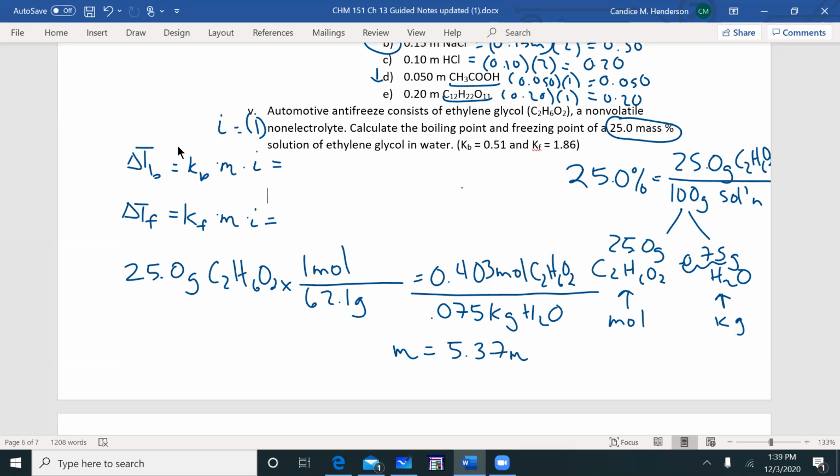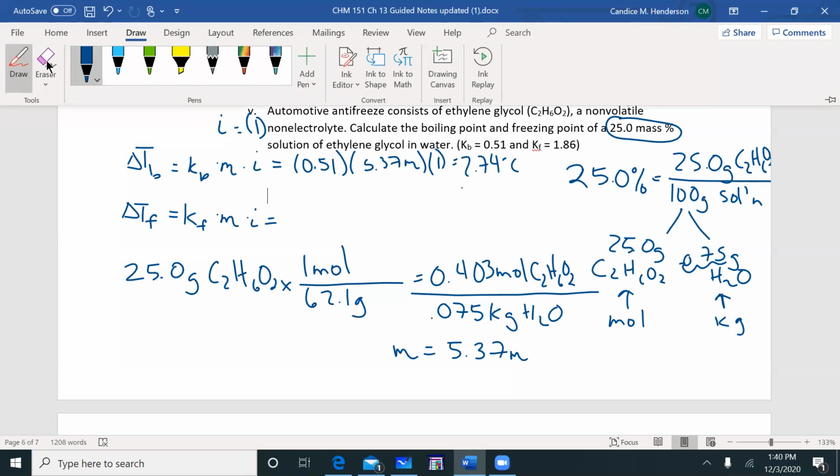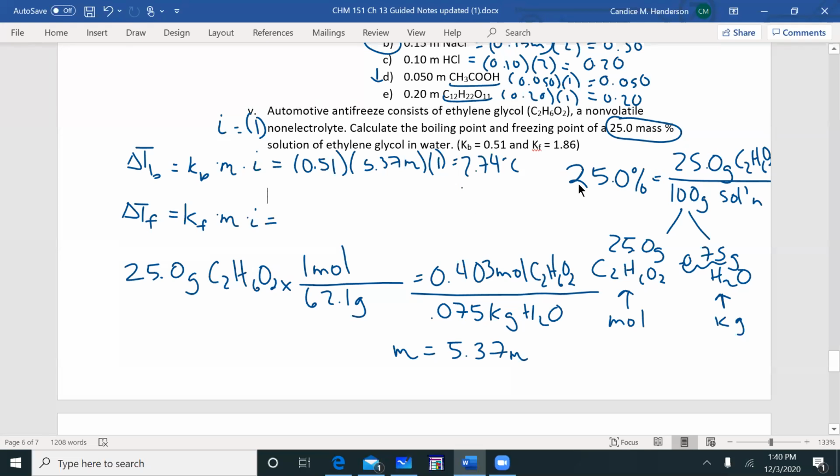For our change in temperature in boiling, we take our KB, which is this 0.51. We multiply it by our molality, 5.37, and then we multiply it by our i factor, which is super simple for this one, it's 1. All right, and I get a change in temperature of 2.74 degrees Celsius.